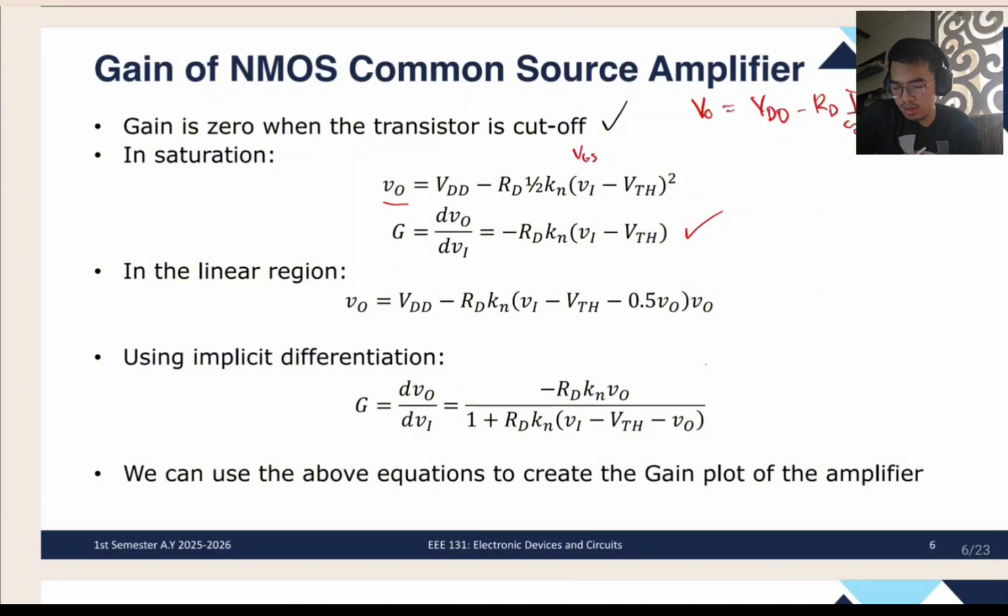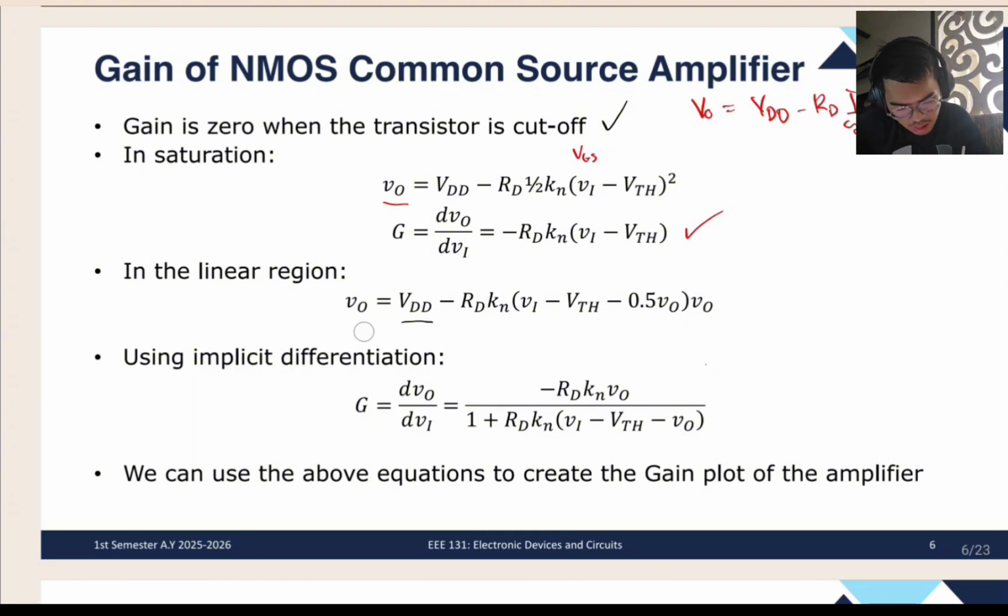Now for the linear region, we have VDD minus RD times the current expression for the linear region. As you can see here, we now have dependency on Vout as well, because remember it's VI minus VTH minus 0.5 VDS, and in this case VDS is our Vout.